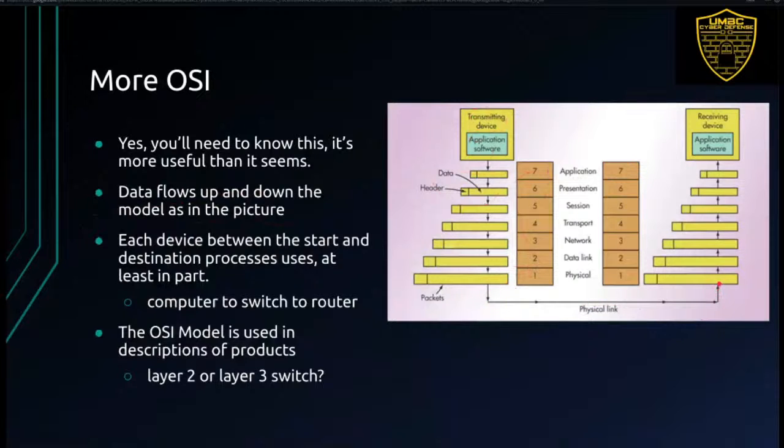And then when it's received on the other side, it goes right back up the OSI model all the way to the receiving application. So it goes both ways. The main ones we're going to be concerned about are the transport layer, which is going to be next time, not this time, the network layer, which is IP stuff, and the data link layer. The physical layer is going to be networking 3.